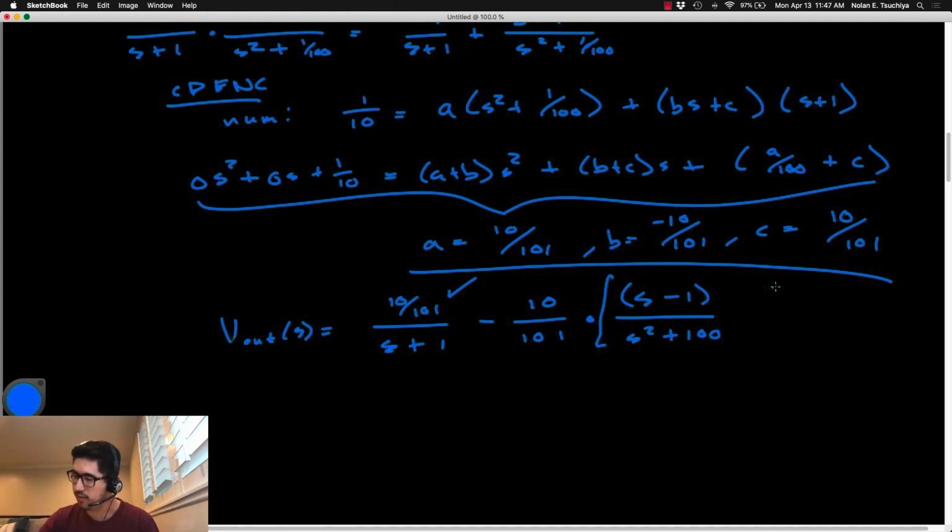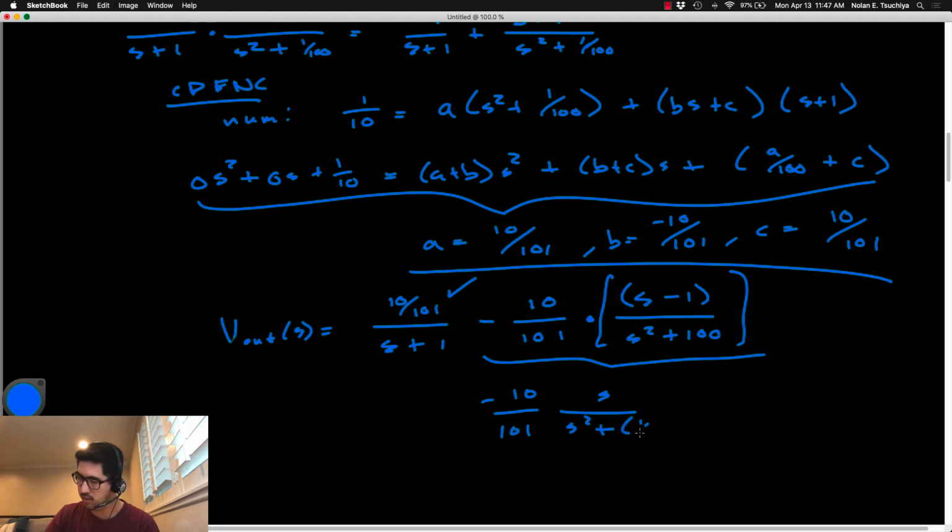We just need to work on this other term for a minute, but this is relatively straightforward because it can be broken down into minus 10 over 101 times s over s squared plus 1/10 squared, plus 10 over 101 times 1/10 over s squared plus 1/10 squared.